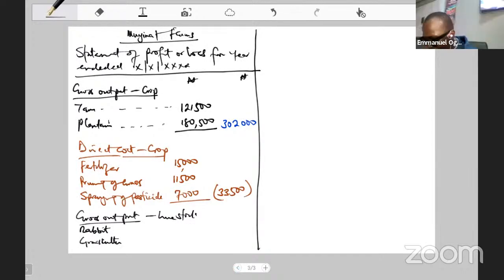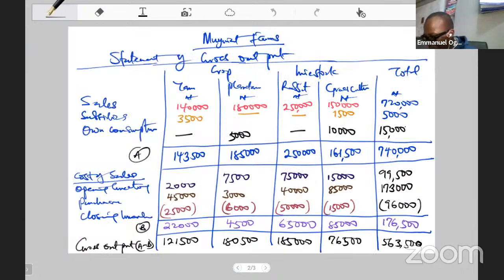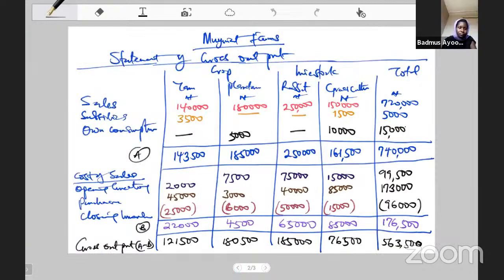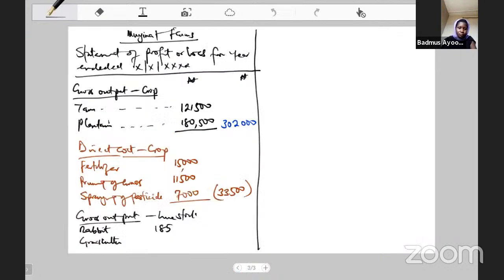What's the amount for rabbit? Then what's the amount for grass cutter? 70,500. Okay, so let's take it. 185,000.